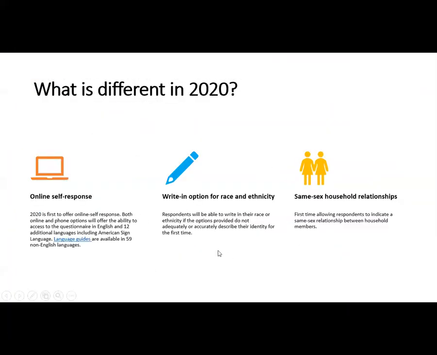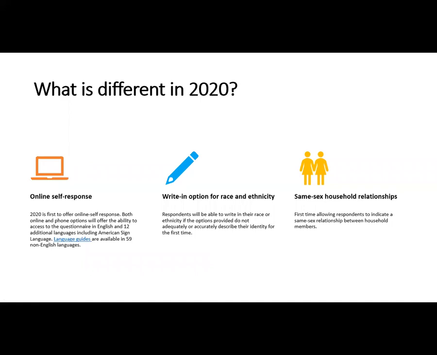So that brings us to what's different in 2020. There are a couple of things that are different that should be on your radar. The biggest one, and I've already mentioned it, and you've probably heard about it already if you've been following the census at all, is that 2020 is the first time that the census is offered online self-response.